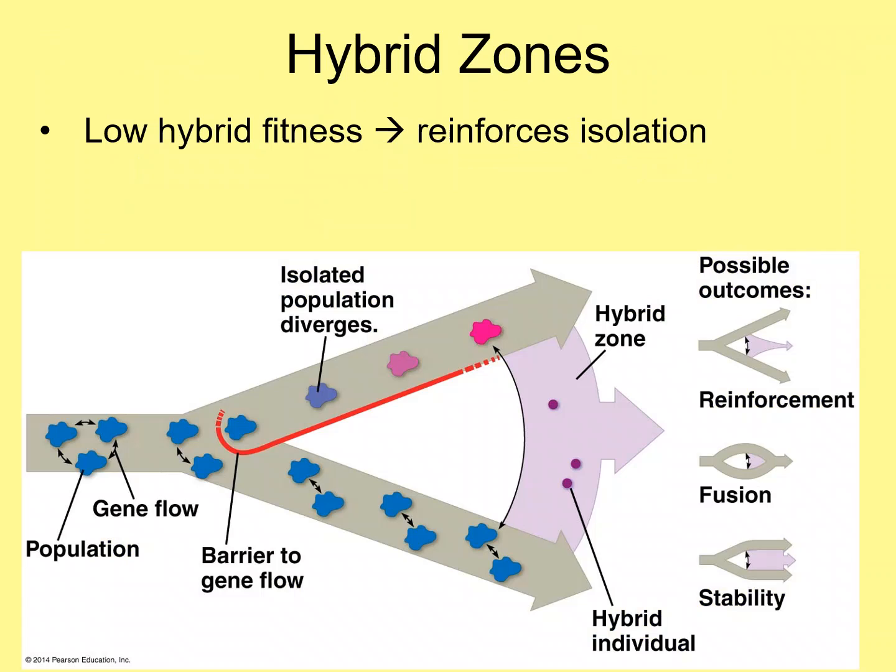Okay, so as we've been discussing in class up to this point, for a new species to form, right, you need to have some sort of a mechanism or a barrier to gene flow between two or more, in some cases, populations, such that if they're not sharing genes anymore, they're going to start to diverge from one another, meaning they're going to become more different from one another genetically.